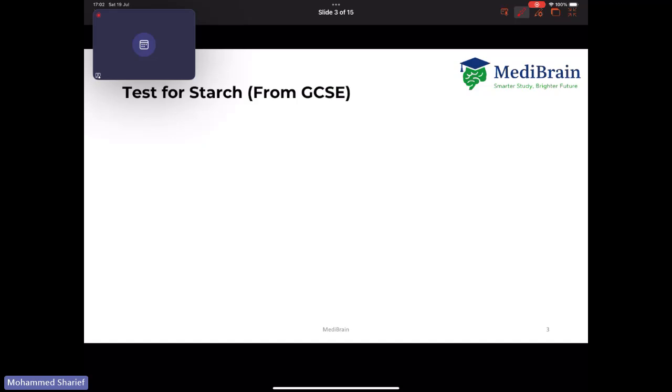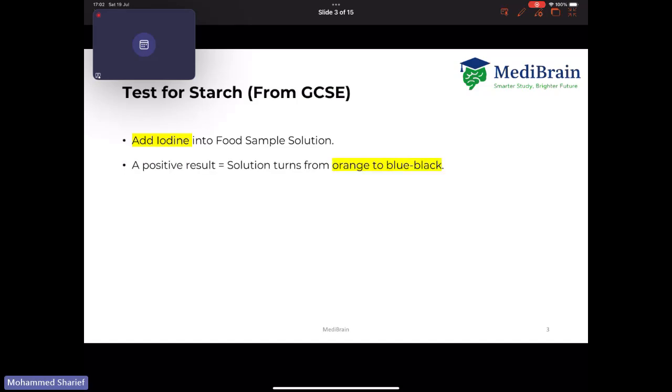Now, this should be a nice, easy recap from GCSE. So, the test for starch. These are the two main points that you need to be familiar with. You have to add iodine into a food sample solution, and then you would get a positive result, a color change from orange to blue-black.